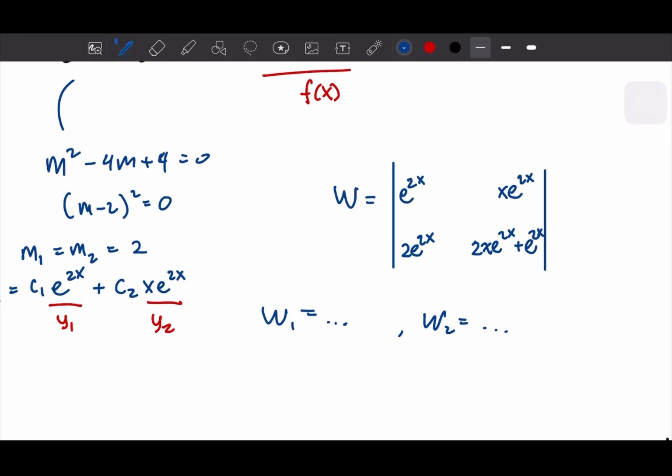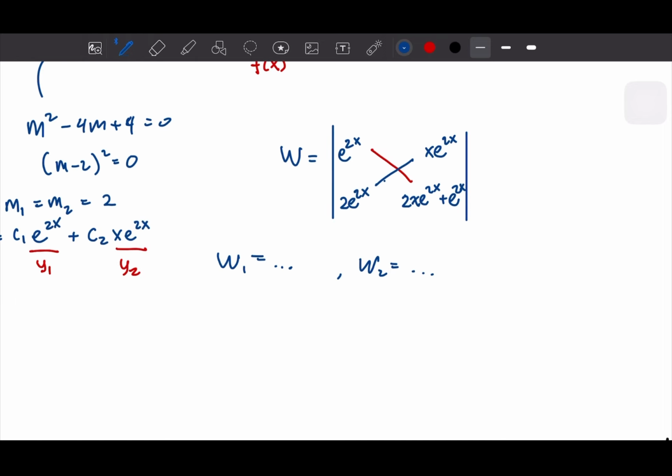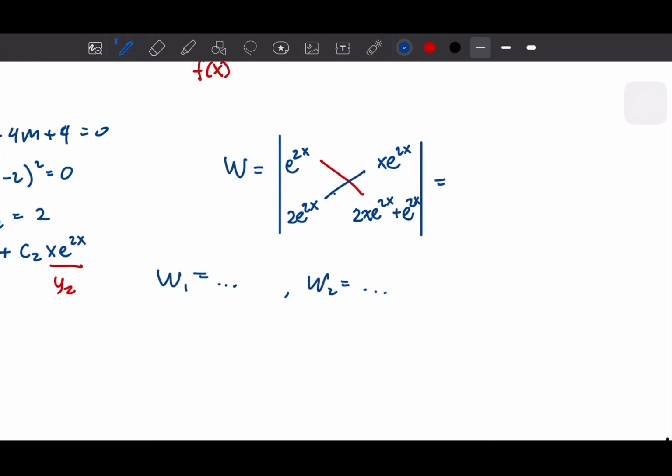And take the determinant, cross multiply, subtract. So 2x e to the 4x plus e to the 4x minus 2x e to the 4x. So we get e to the power of 4x. So I think it's quite nice.